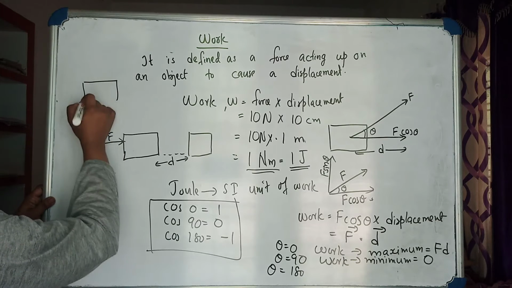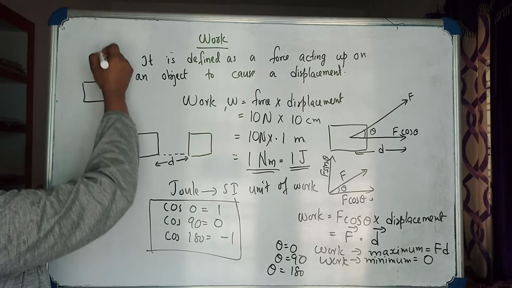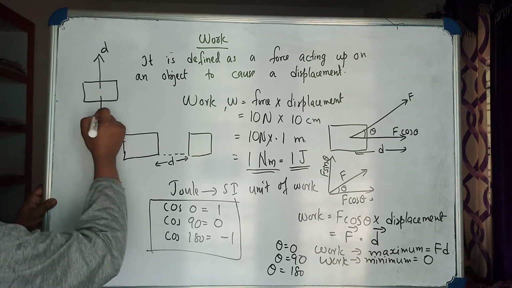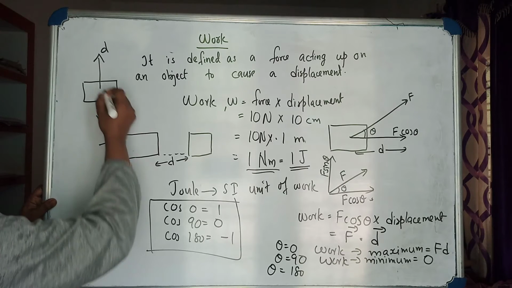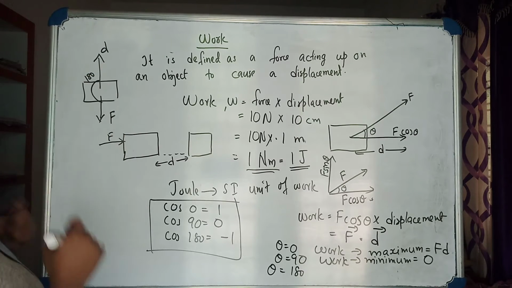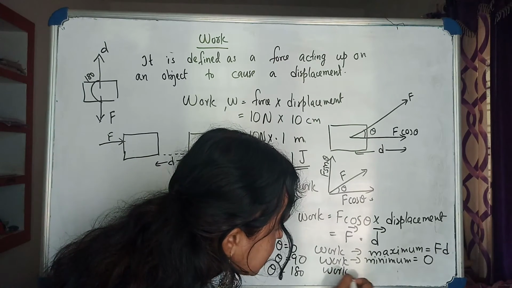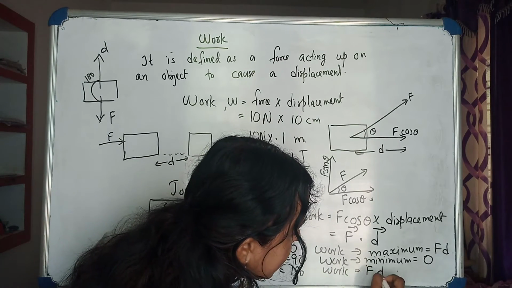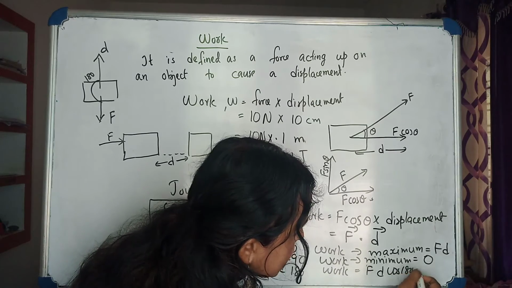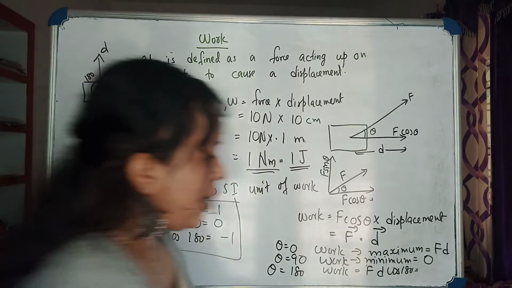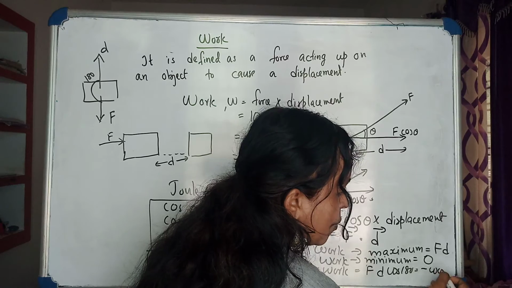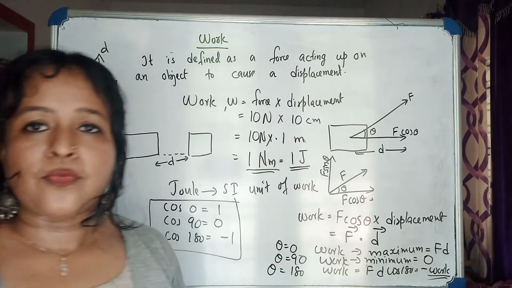Let's draw the figure like this: the displacement along this direction, and the force along this direction. That means the angle is 180 degree. Then the work is equal to FD cos 180. What is cos 180? It is a minus value. That means the work is negative work.